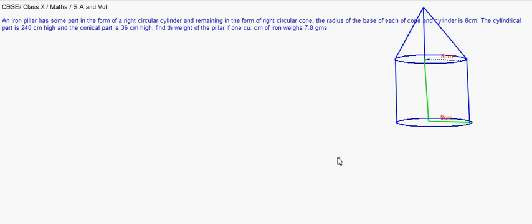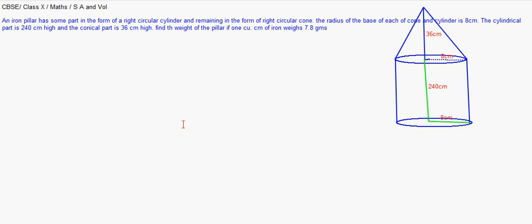The cylindrical part is 240 centimeter high, and the conical part is 36 centimeter high. We have to find the weight of the pillar. To find the weight of the pillar, obviously we'll be calculating the total volume of this solid, which includes this cone and this cylinder.